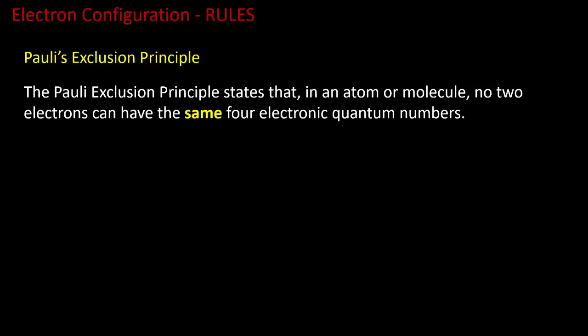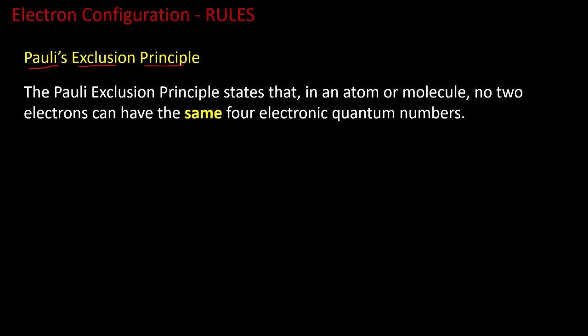So moving further, let's talk about certain rules that are followed by the electrons when filling up the shells of an atom. The first principle which is followed by the electrons is something that we call Pauli's exclusion principle, which we have already come across in our previous video.